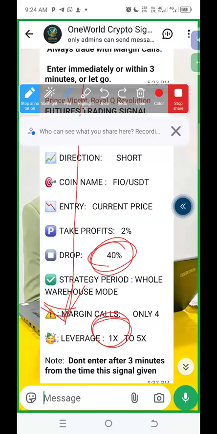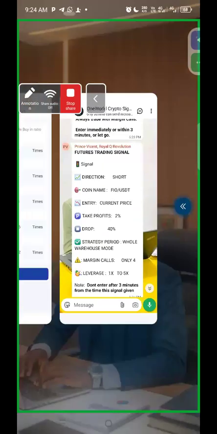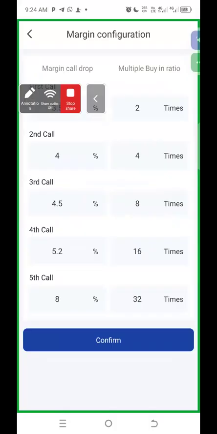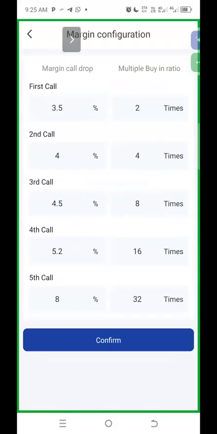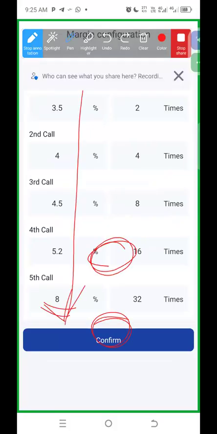Now, having this here, what do you do? If they ask you to apply the drop in a simple manner, you are opening, let's say, 5 margin calls. They said you are to use 40% drop.